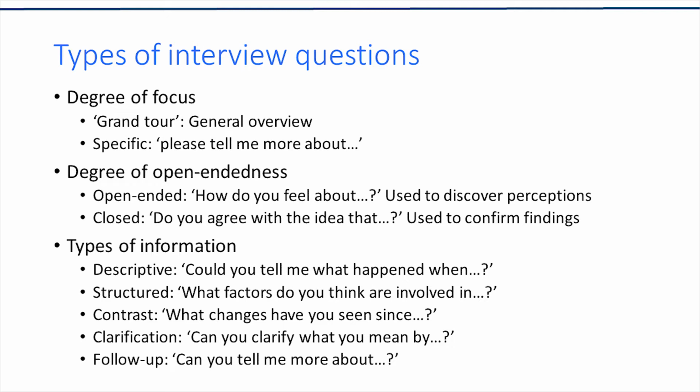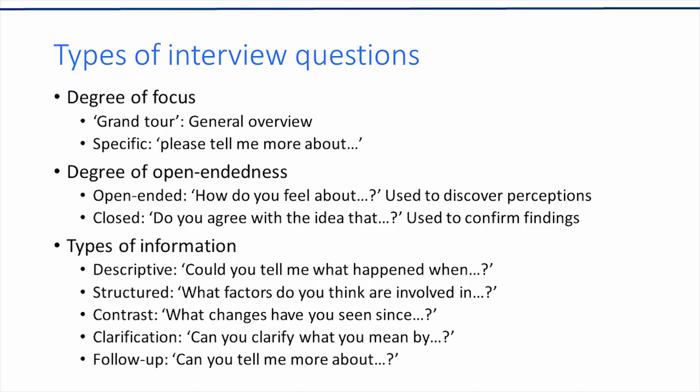So those are used to understand people's perceptions. And then a more closed form of question would be, do you agree with the idea about this issue? So you're closing down what the interviewee can respond. So it's used to maybe confirm findings or go back over some issues that you've already covered.